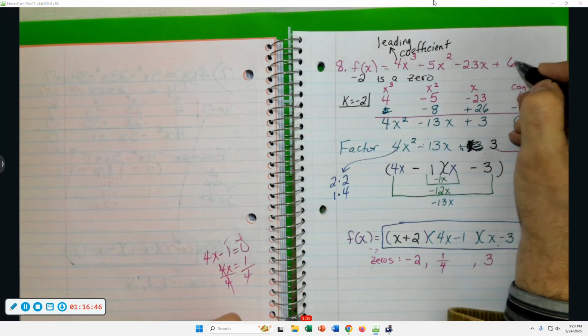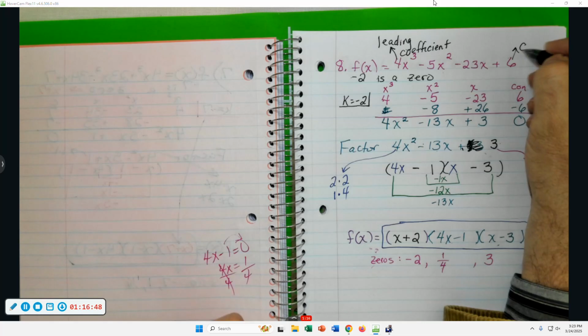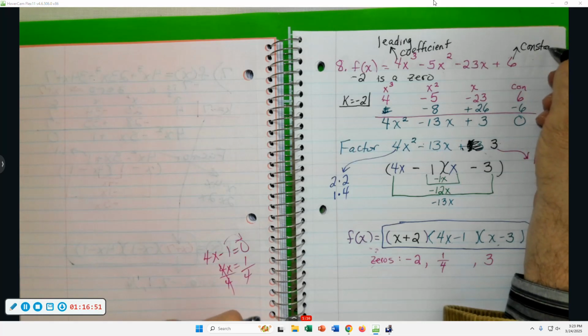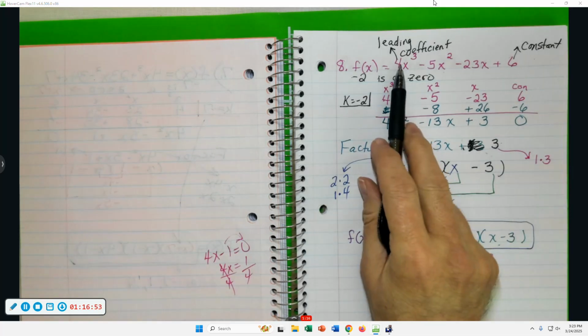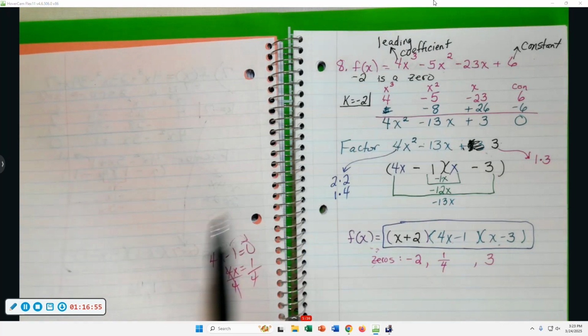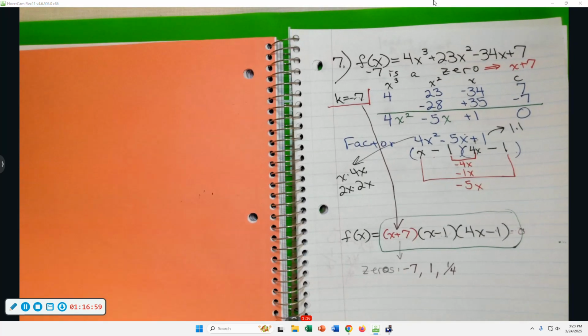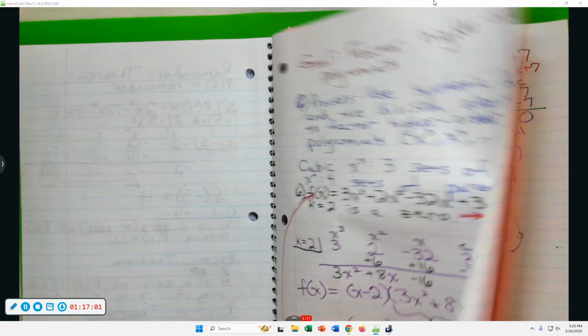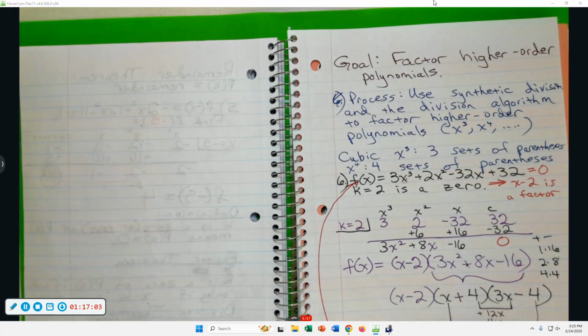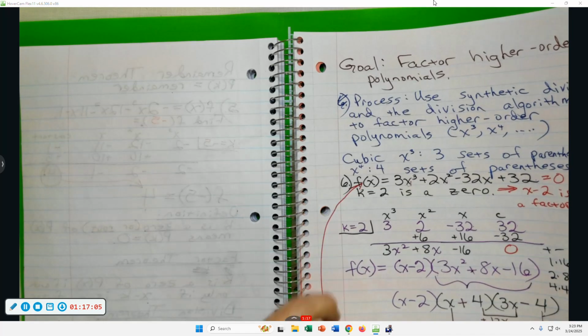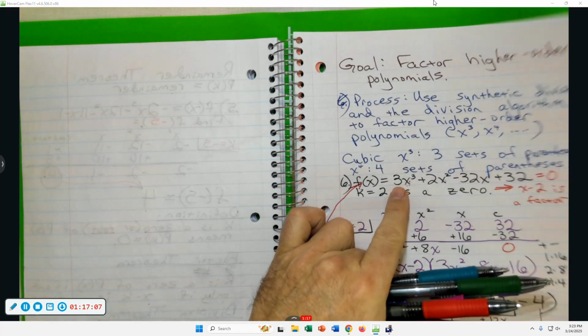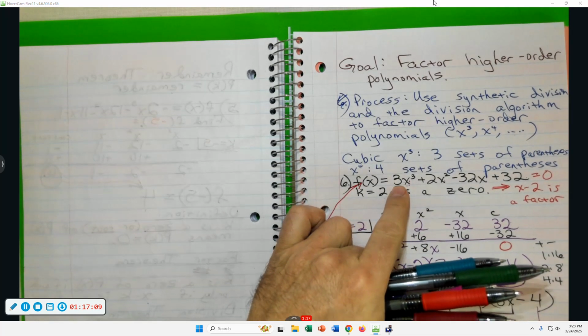And this last number, we already know that. It's the constant. Like here, the leading coefficient on number 6 would be a 3.